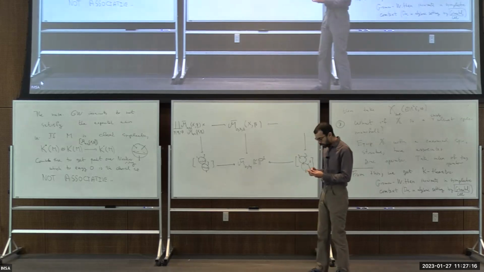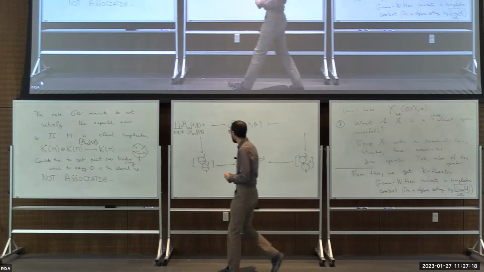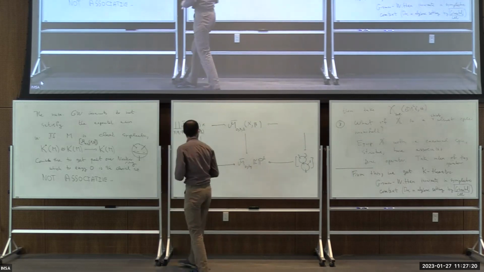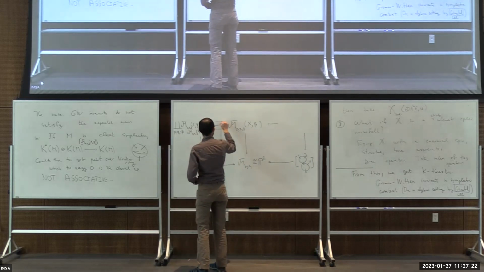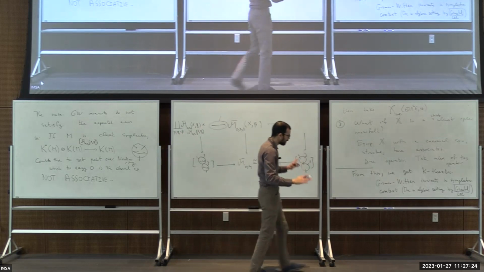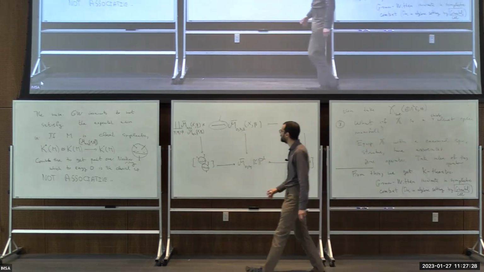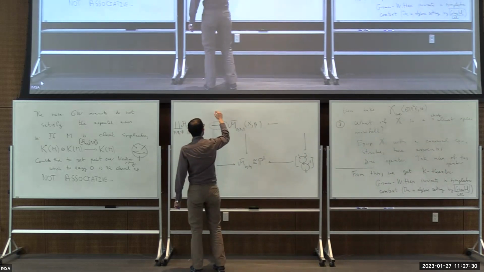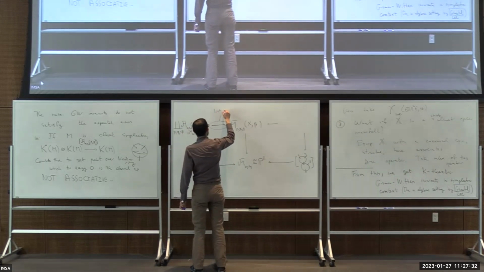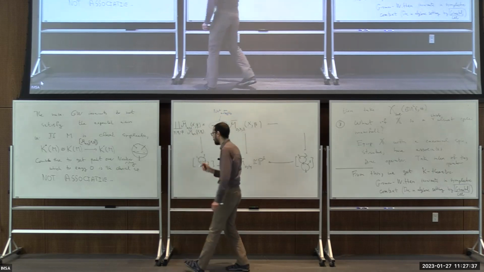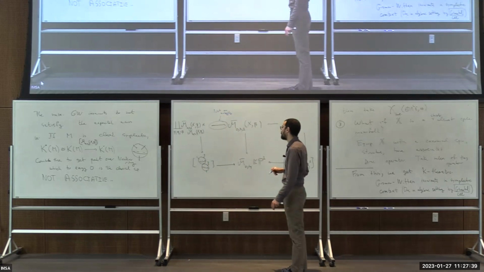Okay. So the issue is that this map here, and this is again not our point, is not an embedding. Instead, it's not an embedding.